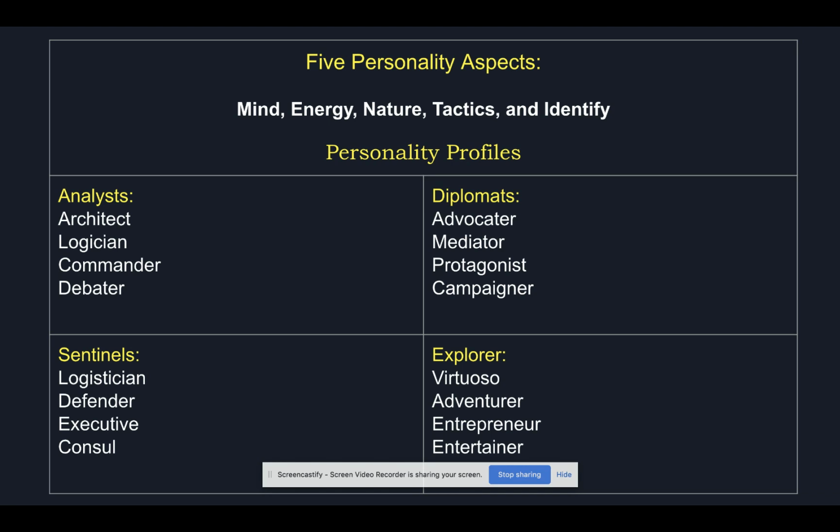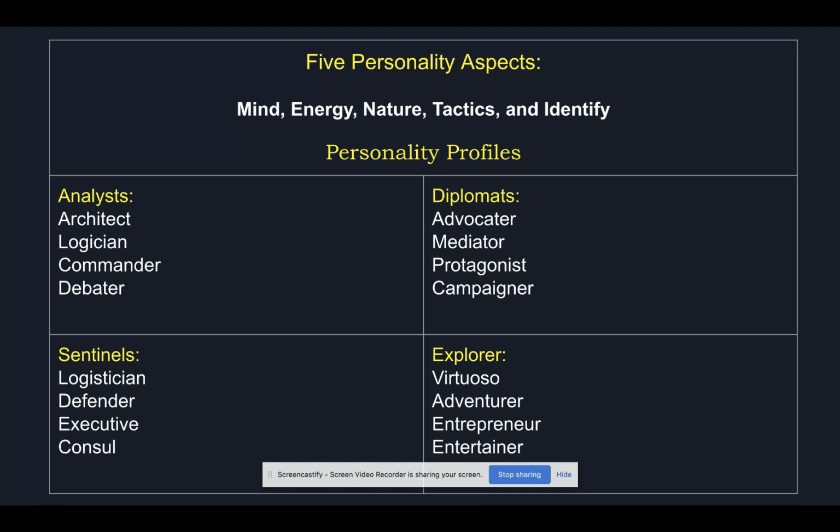The next area is energy, which looks at how we see the world and how we process information. There are 2 categories. The first is observant. People with that characteristic tend to be practical, pragmatic, or down to earth. The other is intuitive, which means the individual is imaginative, open-minded, and curious.